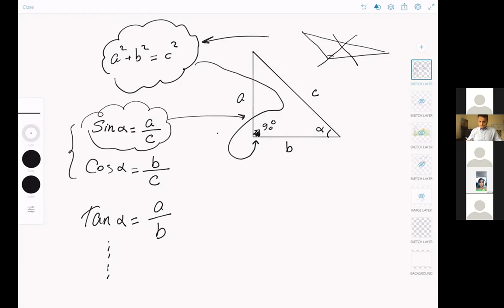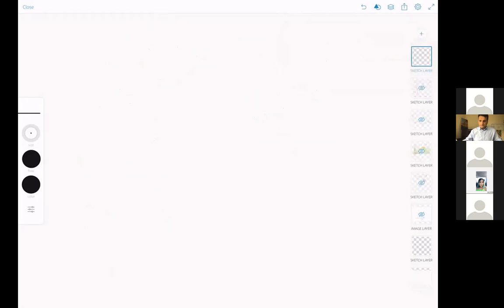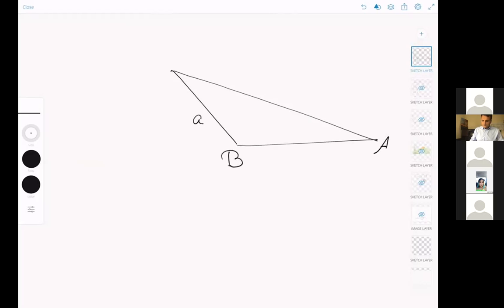Good. Then if we don't have a right triangle, for any other triangle like this one, with sides A, B, and C, this is definitely not a right triangle because this angle is more than 90.